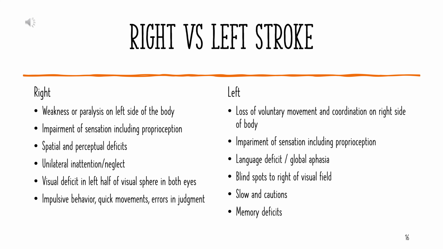We can see language deficit and global aphasia, which is a function of lateralization. We can have blind spots to the right of our visual field, making it difficult to regard that visual field. And here, instead of being impulsive like on the right side, people that have a left-sided stroke might be more slow and cautious and have memory deficits and cognitive challenges.